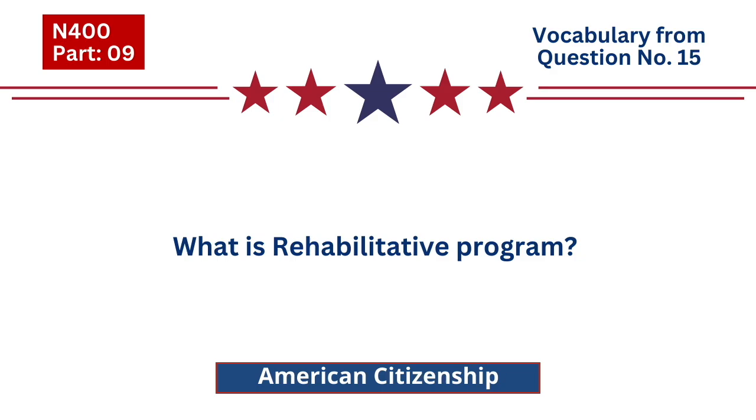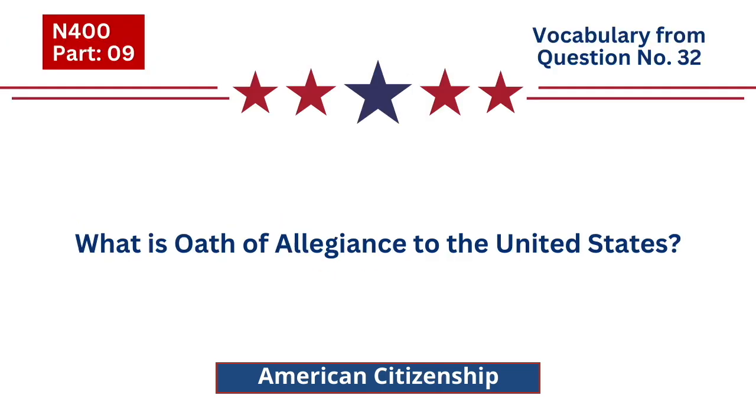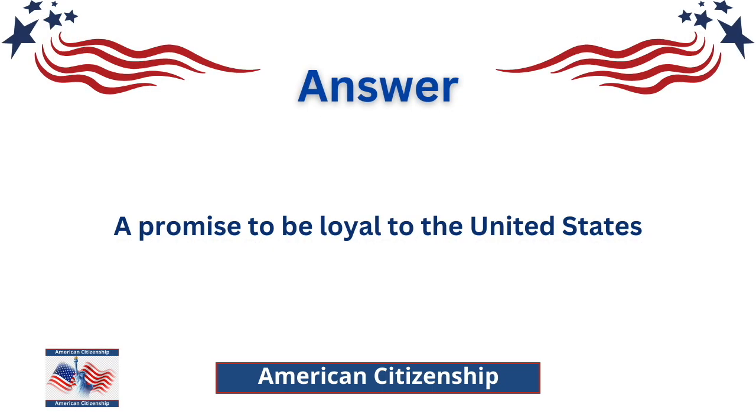What is rehabilitative program? A program to help someone to recover from drugs or alcohol. What is oath of allegiance to the United States? A promise to be loyal to the United States.